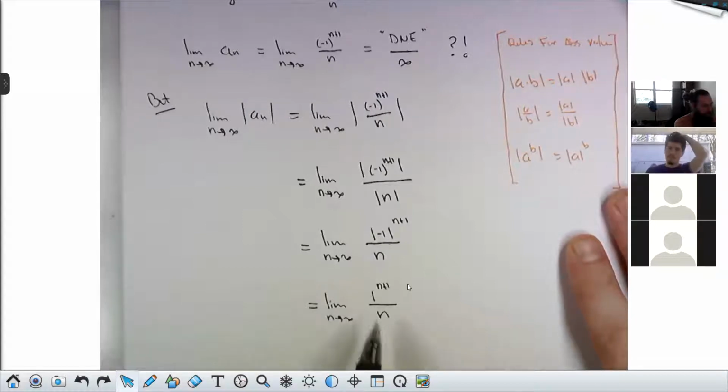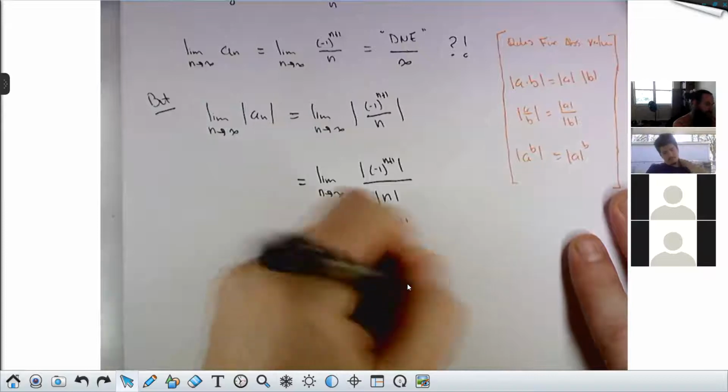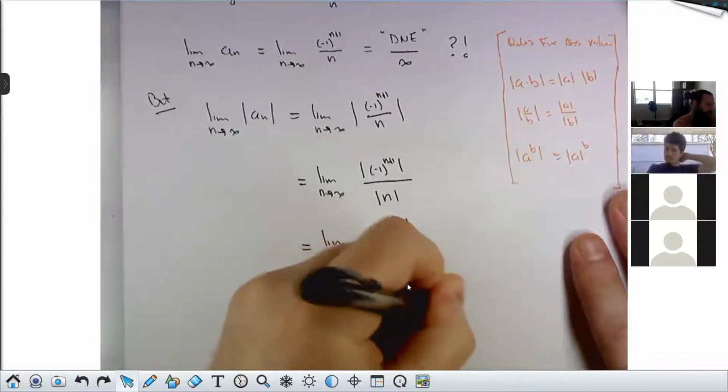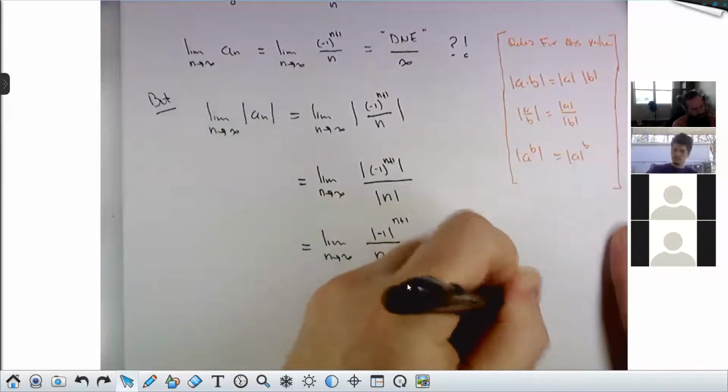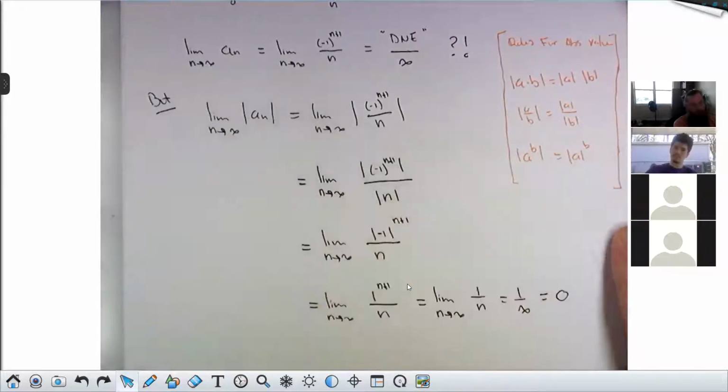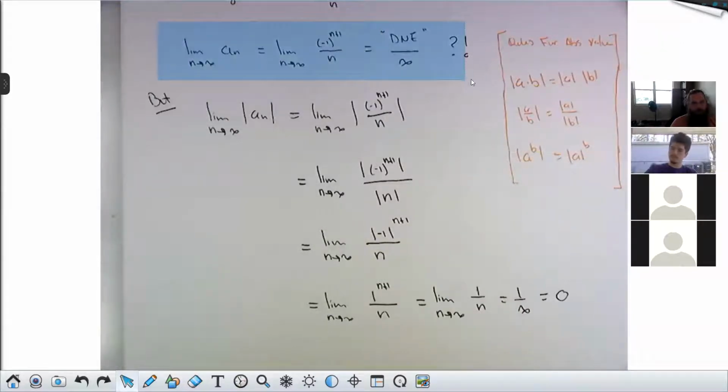But now 1 to the 1, 1 to the 2, 1 to the 3, 1 to the 4, 1 to the 5, they're all 1. The numerator here is always just 1. So this is the limit as n goes to infinity of 1 over n, which is 1 over infinity, which is 0. So even though the limit of the original sequence is hard to get at, because the upstairs piece has no limit, when you take absolute values, what you get is just 1 over n.